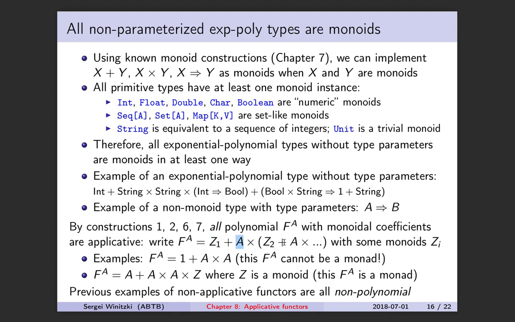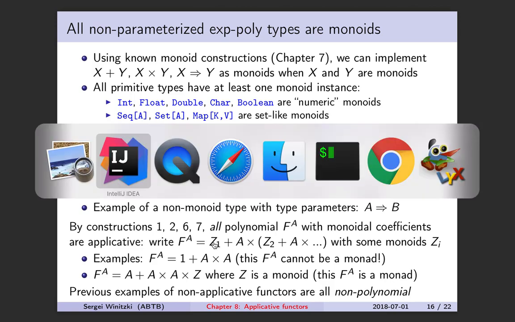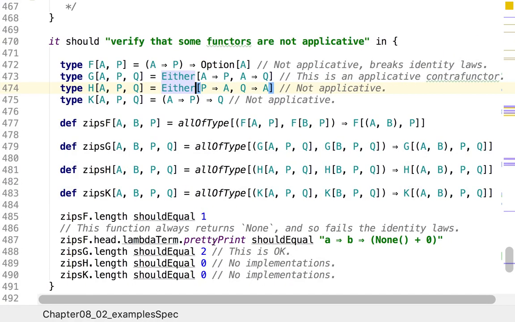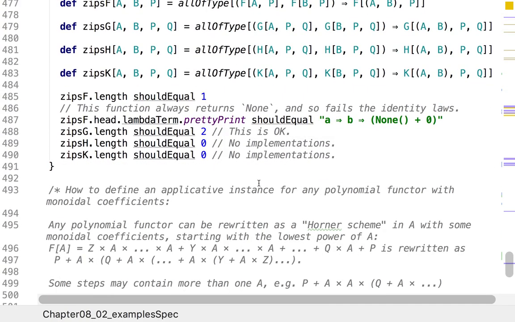And this is the variable in the polynomial. And because we can write it like this, these are just a sequence of constructions that you apply, and you get an applicative functor.